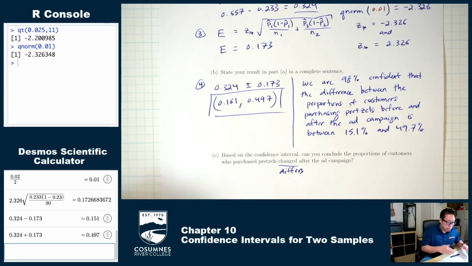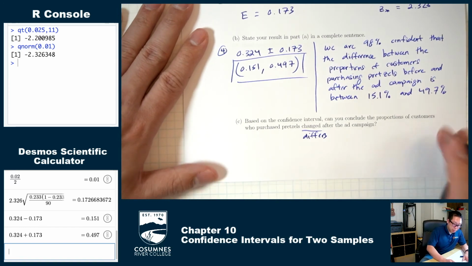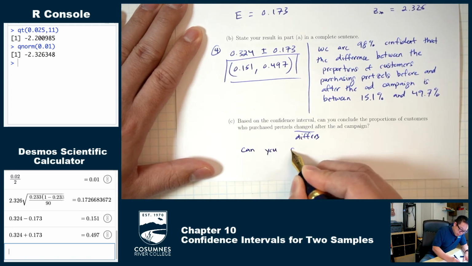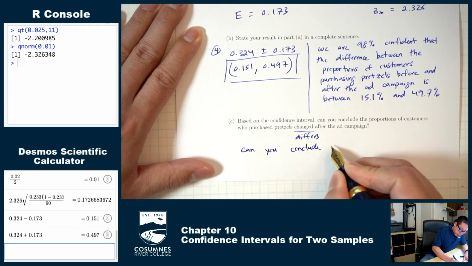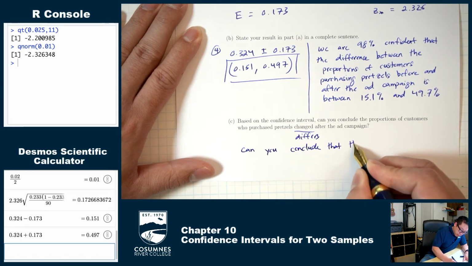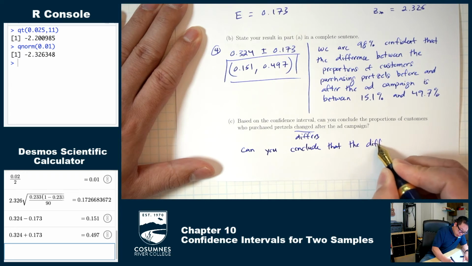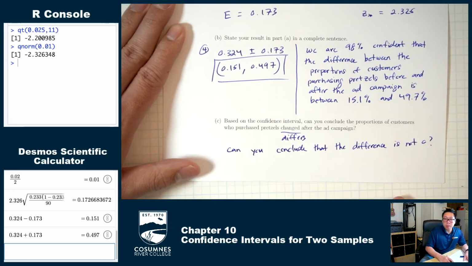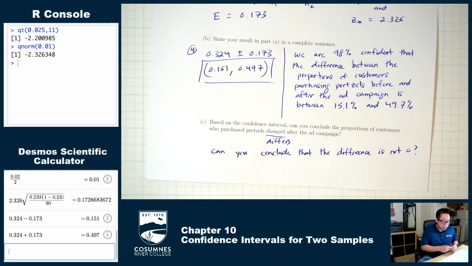And different means, can you conclude that the difference is not zero? So based on our confidence interval, can we say that the difference for sure is not zero?